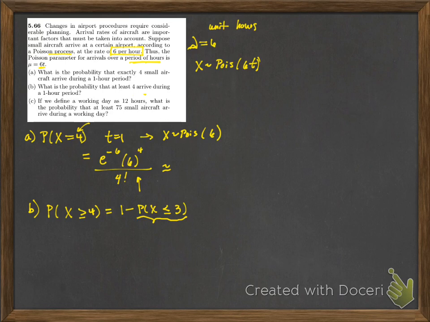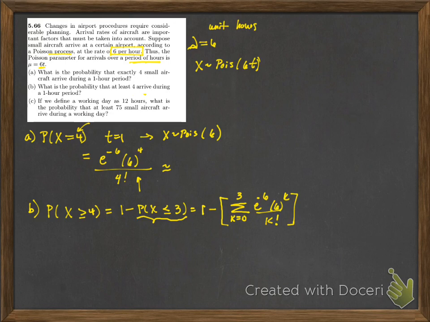Or you would just write it out as 1 minus the sum, k equals 0 up to 3, of e to the negative 6, 6 raised to the k, all over k factorial. So that's how you would calculate x greater than or equal to 4.